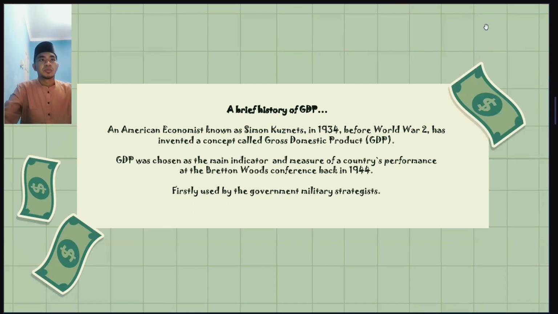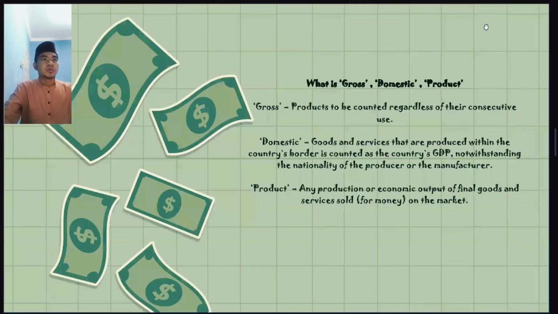As for domestic, it means the goods and services produced within the country's border are counted as the country's GDP, notwithstanding the nationality of the producer or manufacturer. For example, the production of a car by a Malaysian-owned factory based in Singapore will be counted as part of Singapore's gross domestic product.